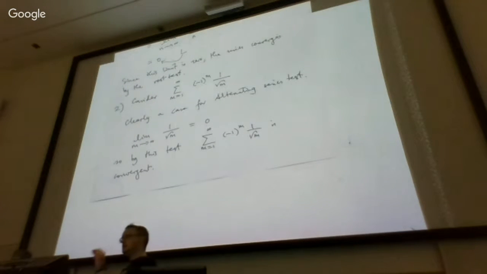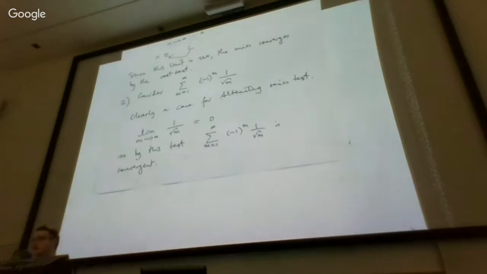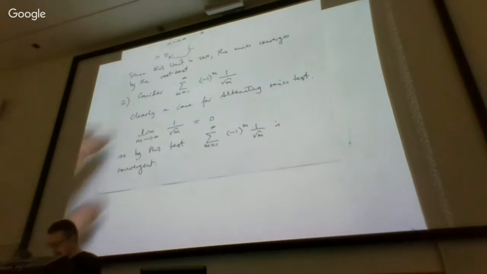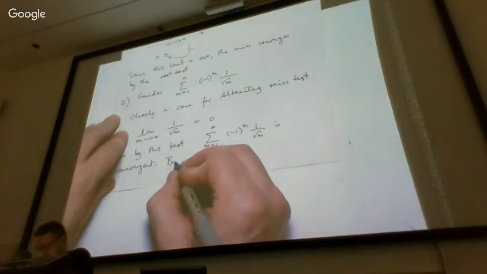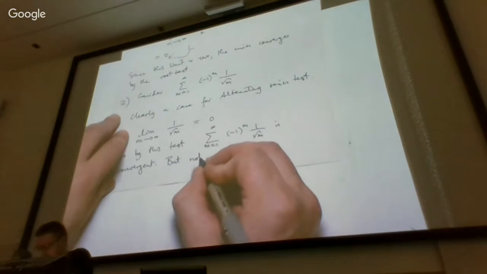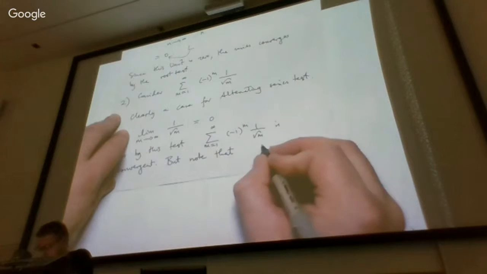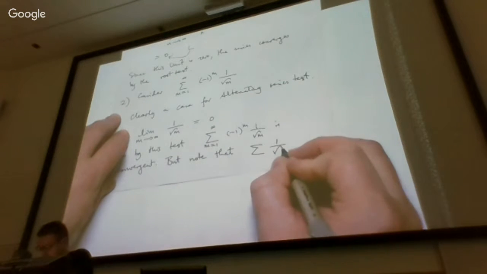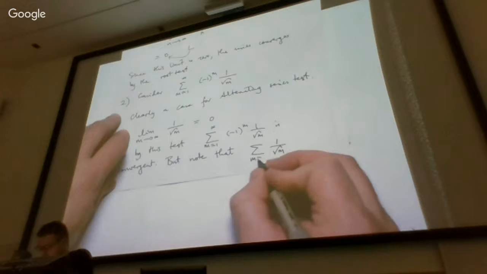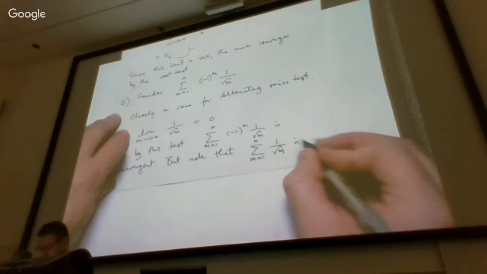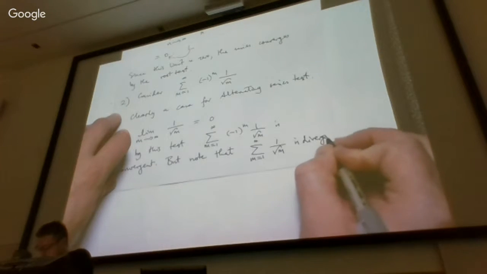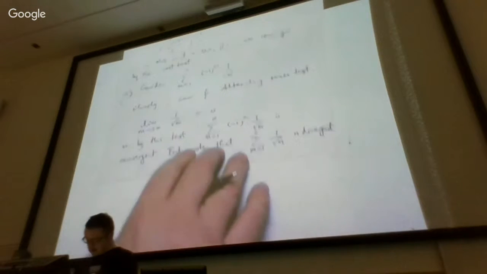However, note that the series of absolute values, if you drop the alternating positive and negative sign, is divergent. Why is that?